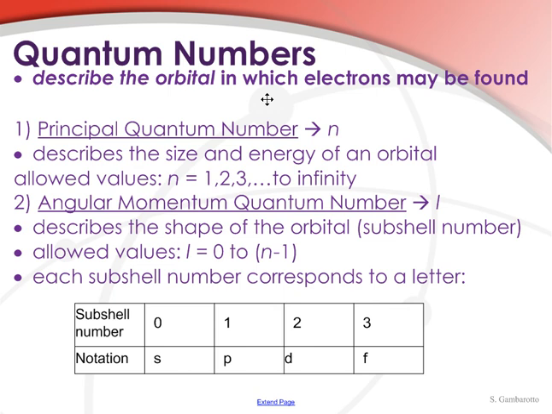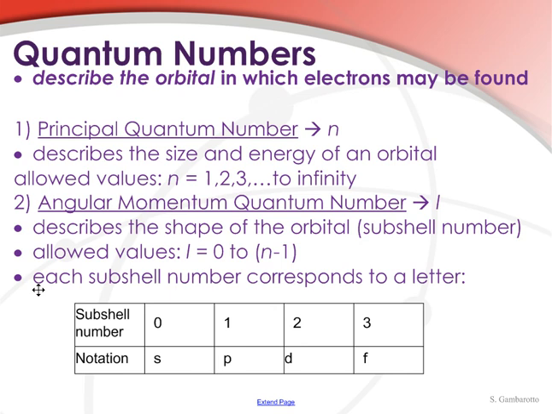The second quantum number is the angular momentum quantum number, and we denote that with an l. This describes the shape of the orbital. It's also called the subshell number. The allowed values are l equals 0 to whatever your value for n is, minus 1.